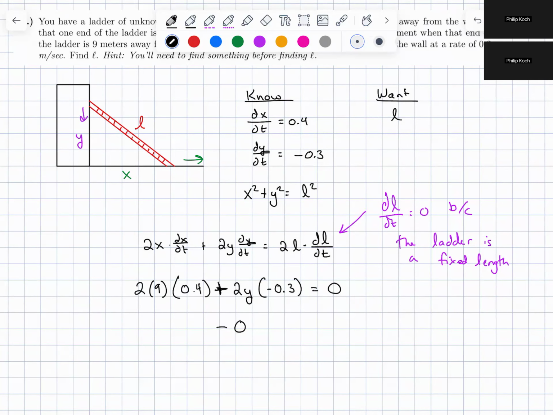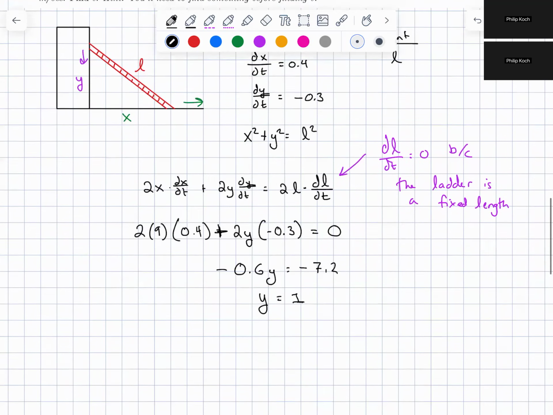So negative 0.6y is equal to negative 7.2, which gives me that y is equal to 1.